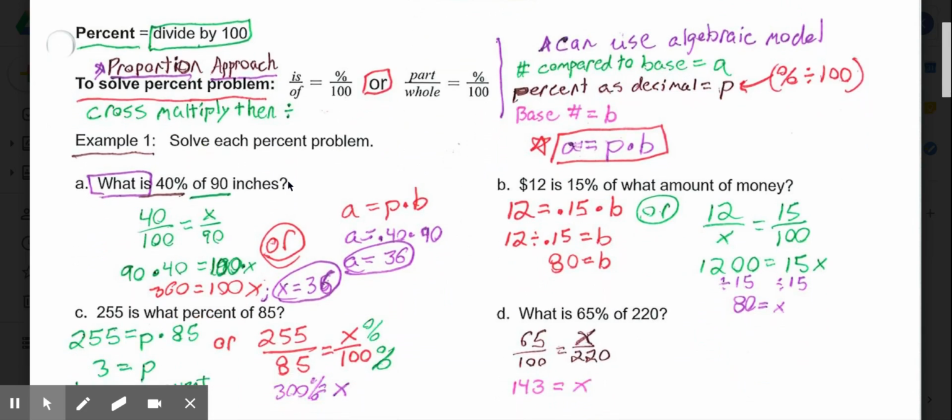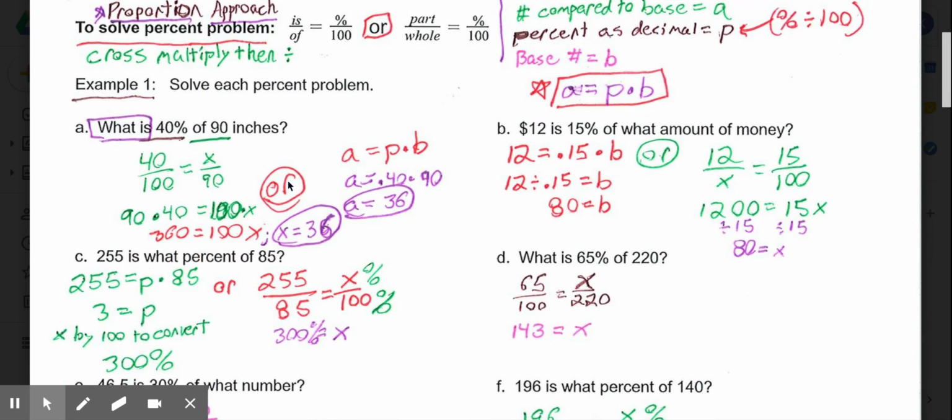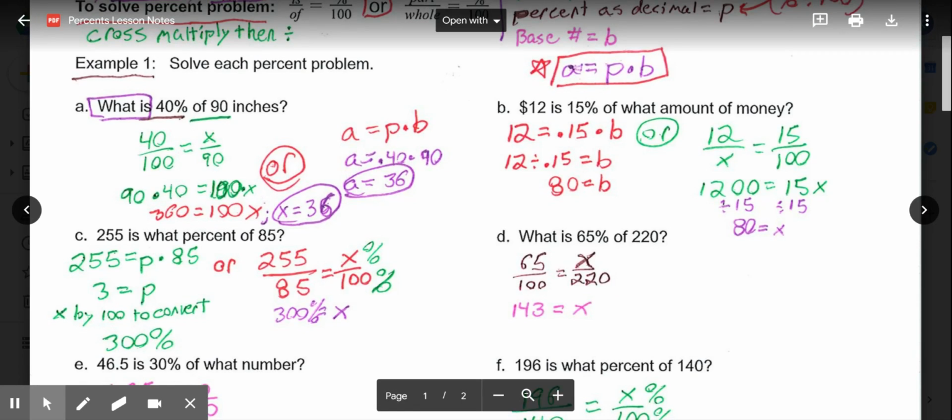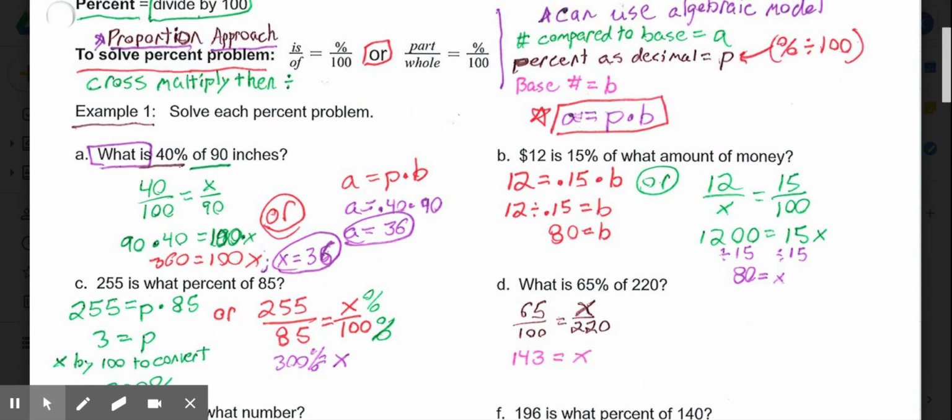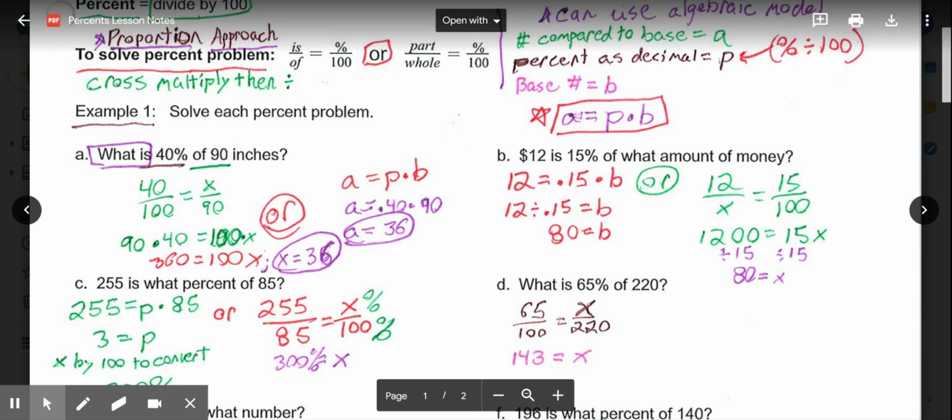So looking at our first few percentage problems, again, I'm just going to focus on the proportion approach, so you can ignore the algebraic approach. So the proportion approach here: what is 40% of 90 inches? If I look at my setup, I have the words is and of, and then percent over 100.